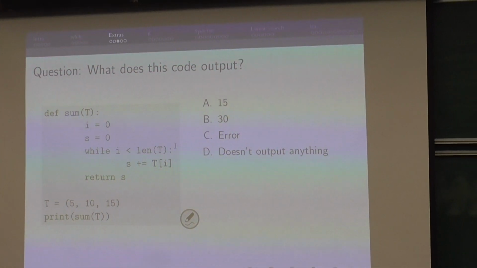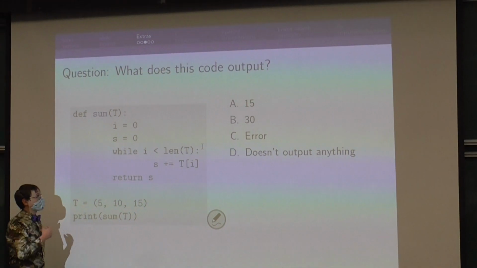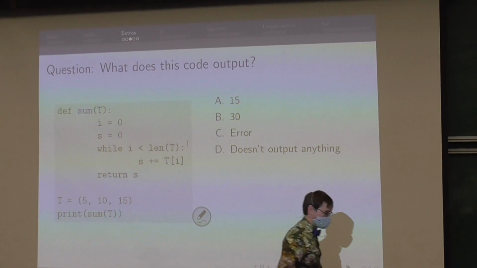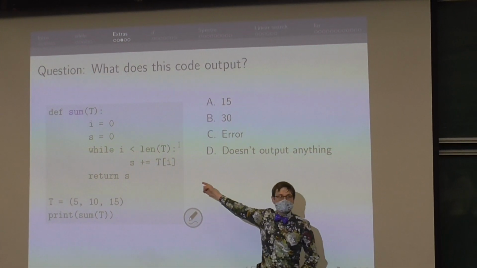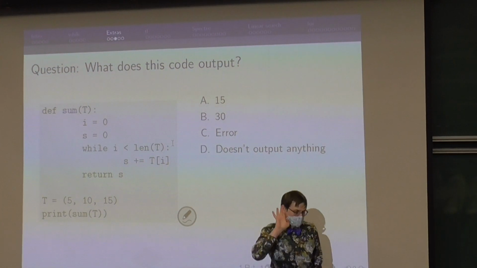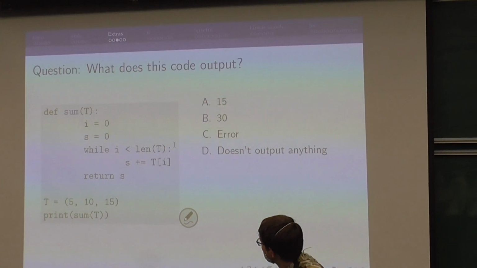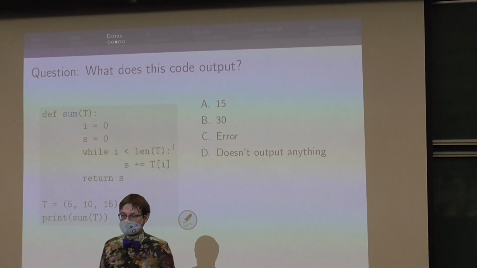So, the correct answer is D, oddly enough. Why doesn't this thing output anything? Okay, so let's say we've input the 5.